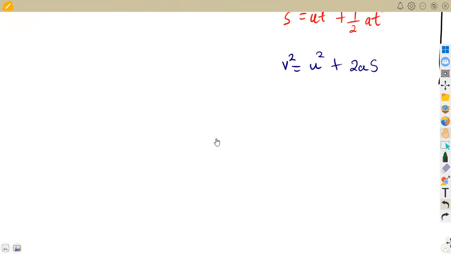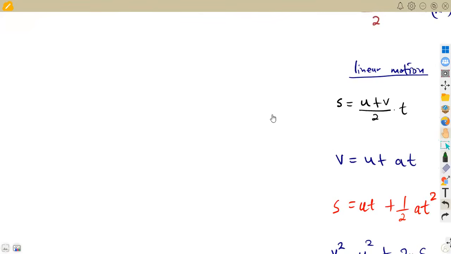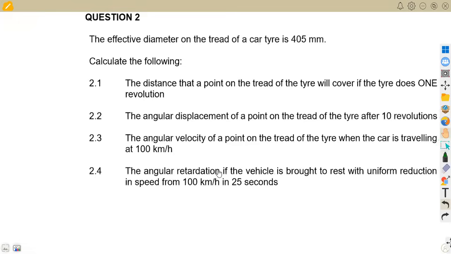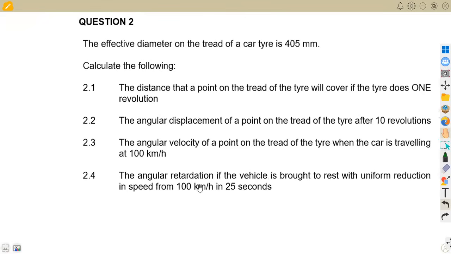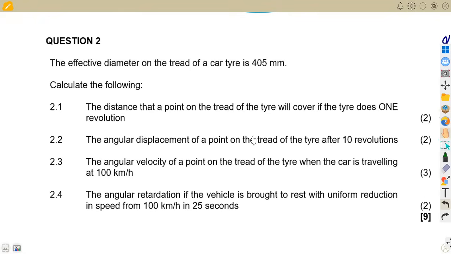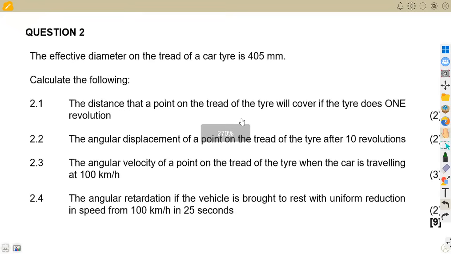All right, I hope we've got our question on this side here. We have these other formulas here. So there we are. We are given question number 2, whereby we're given that the effective diameter of the thread of a cutter is 405 millimeters.